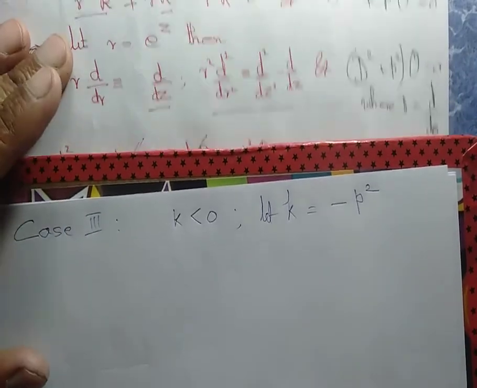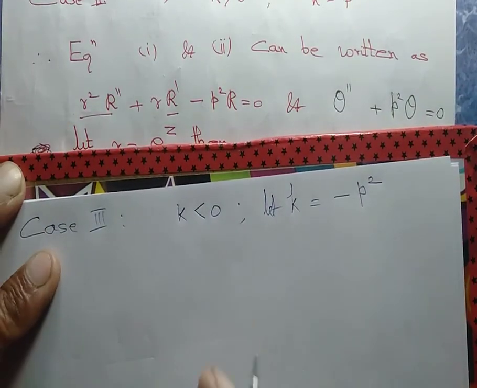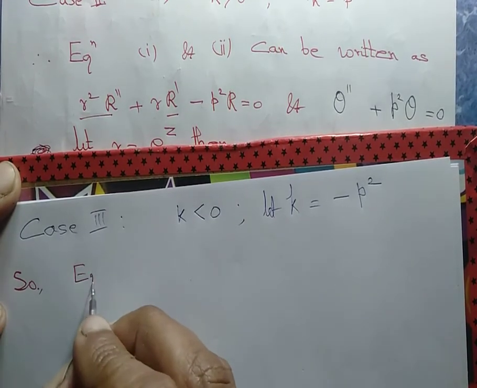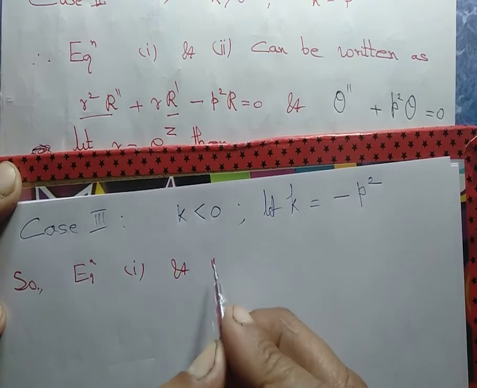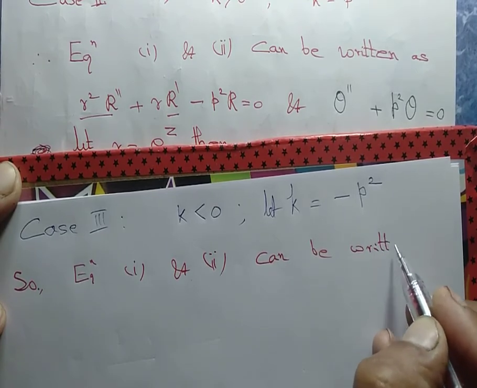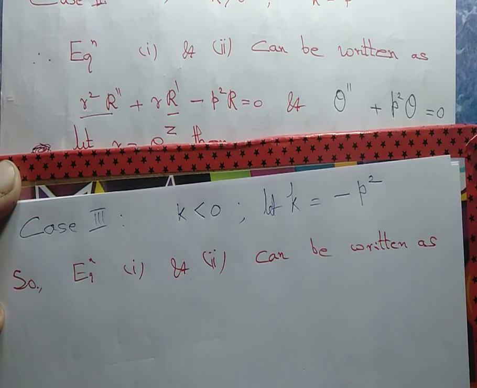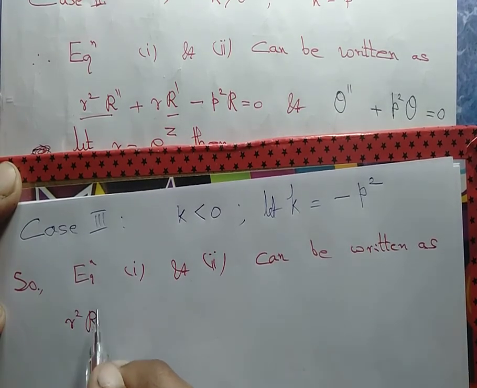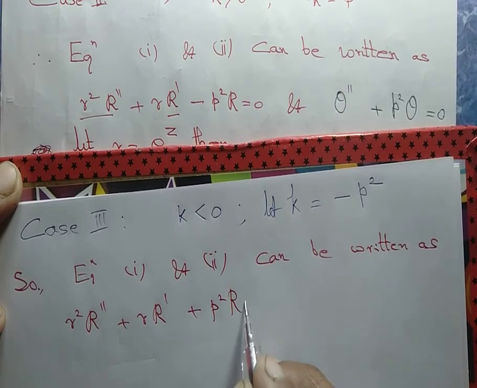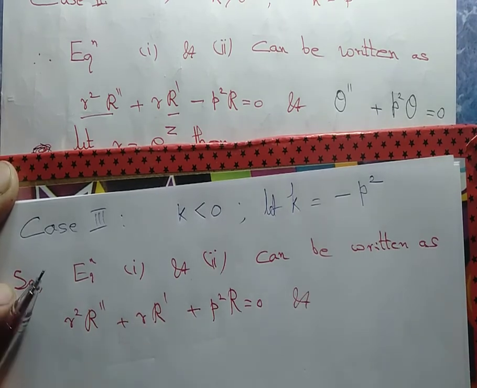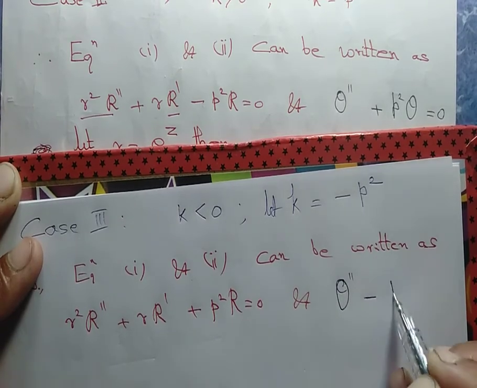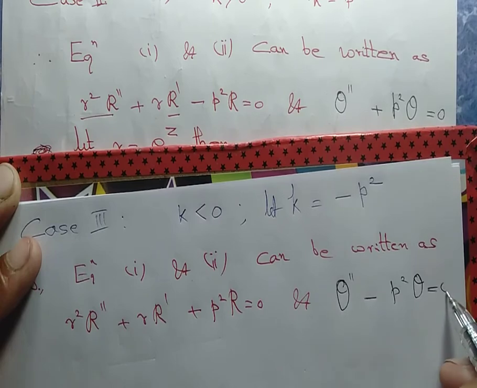How will it look like? So equation 1 and 2 can be written as r square r double dash plus r dash plus p square r equal to 0, and theta double dash minus p square theta equal to 0.